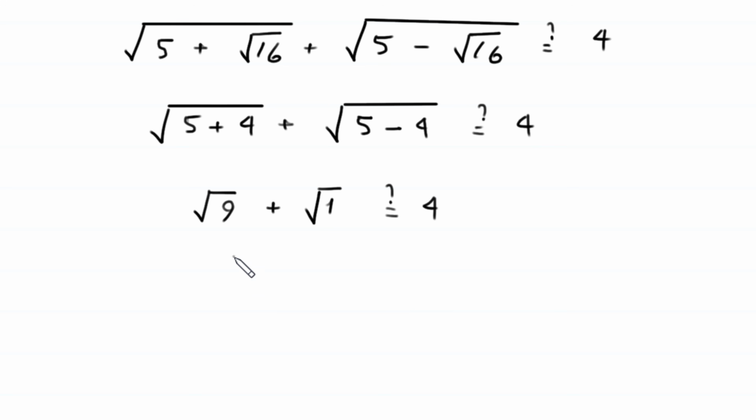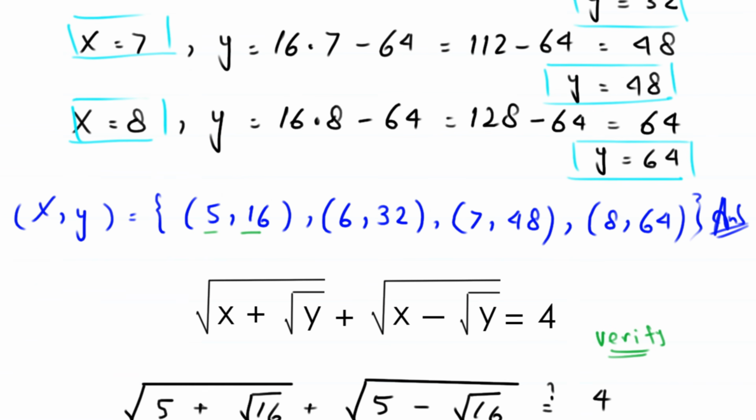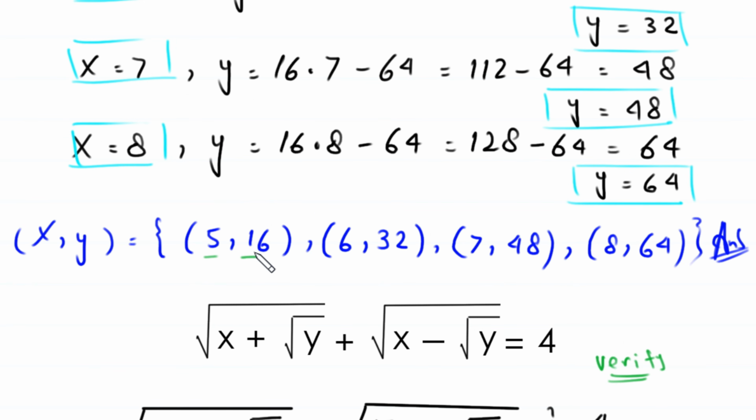And root 9 is 3 plus root 1 is 1. Is this equal to 4? And 3 plus 1 is 4, equal to 4. You can see that left hand side is equal to the right hand side, which means that this first pair is a valid solution. In the same way, if we verify these three other pairs, these are also valid solutions for this equation.